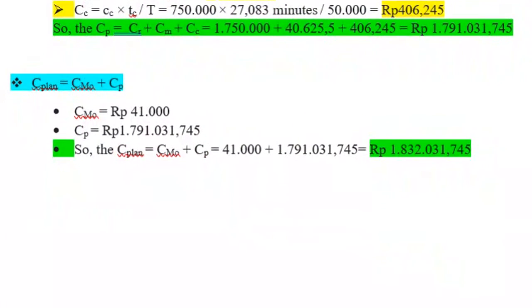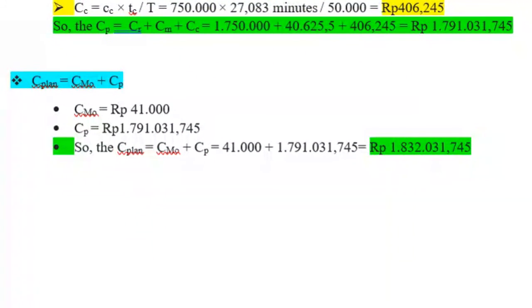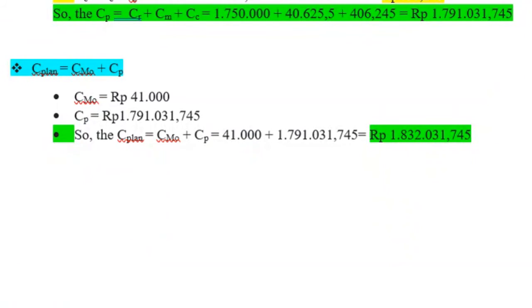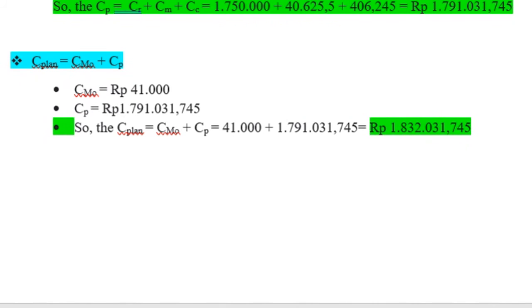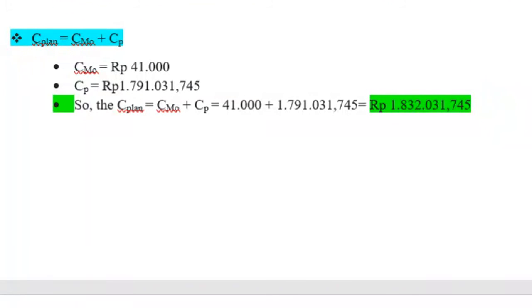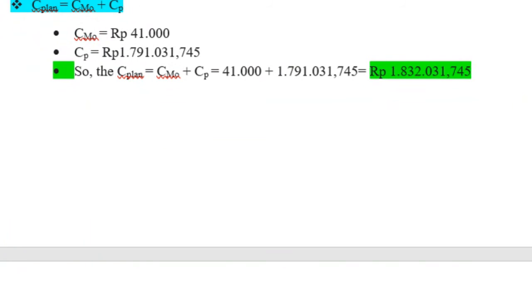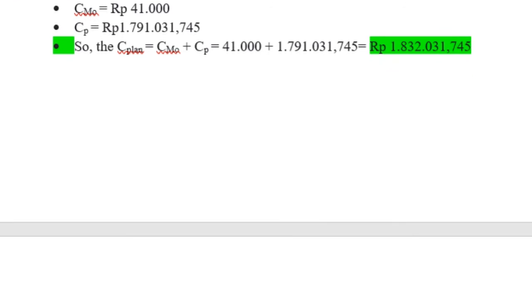So we just have 41, and we also have 1,791 about production cost. So the C plane, just add these 2 points, and we got 1,832,31,745.